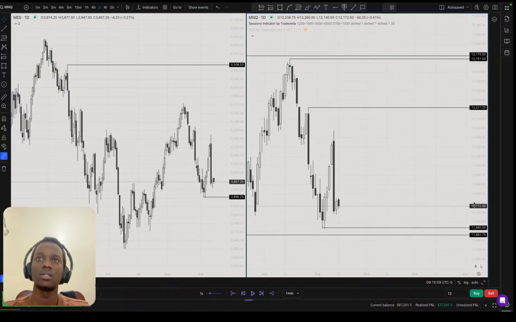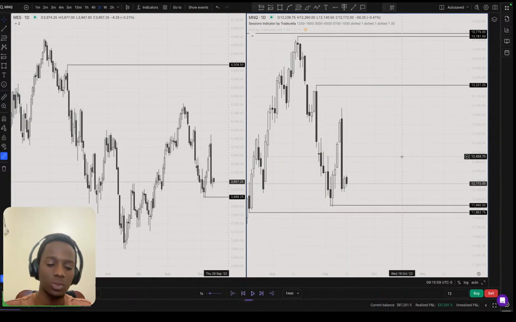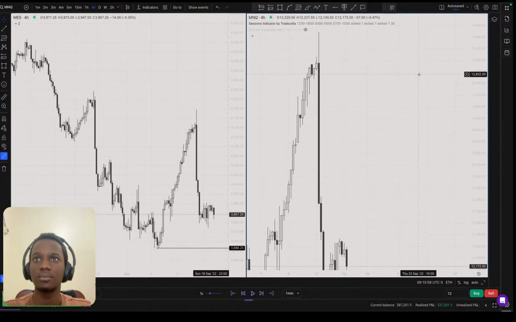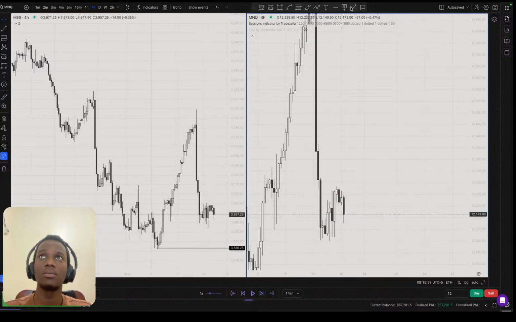Right, is this gonna go lower? I would believe so, but let's just wait and see. Kind of poked into this for a gap. Still have these lows here standing.